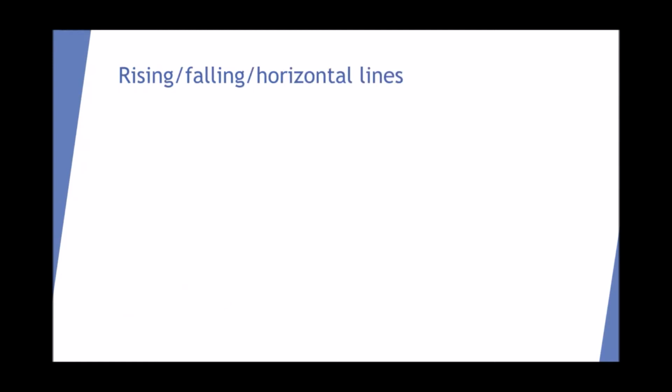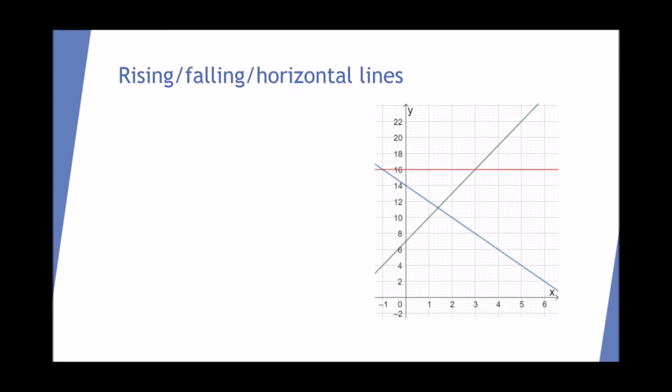Now let's think about what happens with graphs that go in different directions, like these three. I'm already saying direction, so that has to do with the gradient. The y-intercept doesn't tell us what direction it goes, doesn't tell us whether it's rising or falling. Now if the gradient is larger than 0, then clearly we are adding something every step of the way.